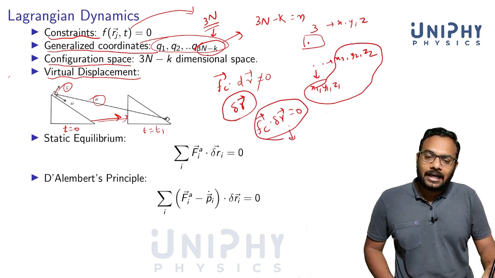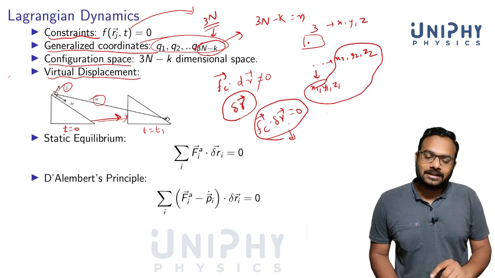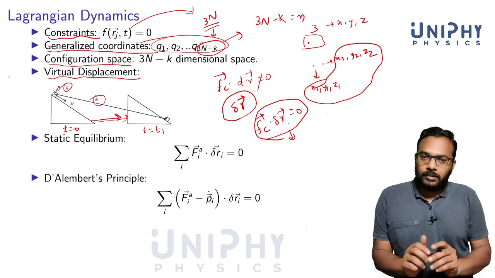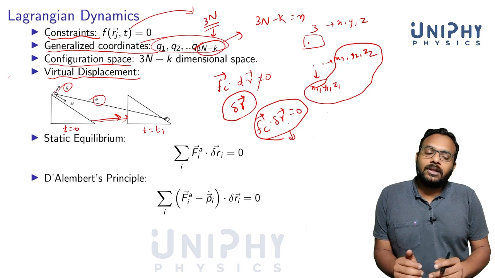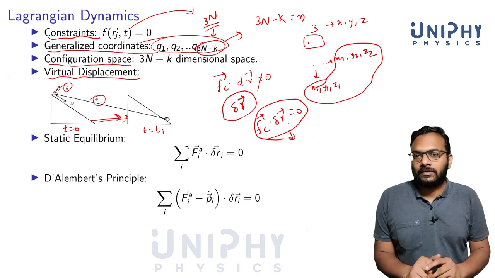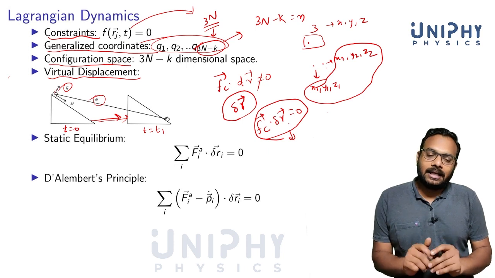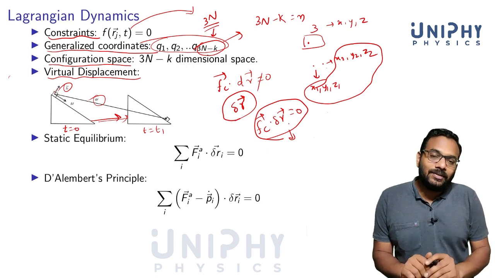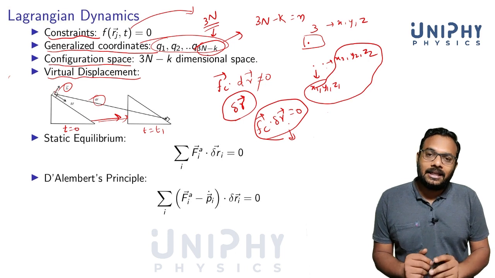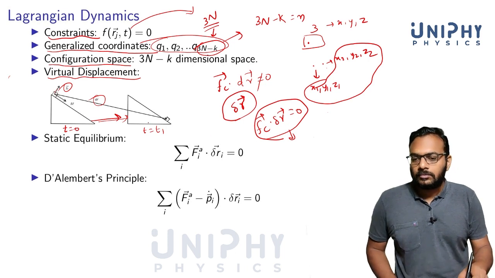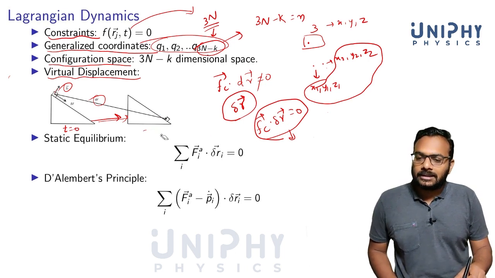And this will allow us to eliminate the forces of constraints from the formalism. Because oftentimes we don't know what the constraint forces are acting on the system, so it's not convenient to have these forces of constraint in our formalism. Okay, I hope that's clear.